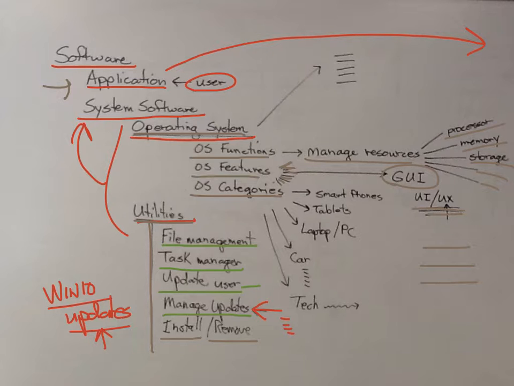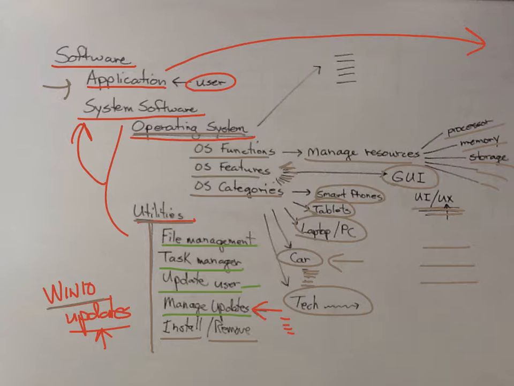Categories, we have these operating systems on smartphones, tablets, laptops, and PCs. Your car, all types of technology. So we were just talking about there's all kinds of categories of operating systems. Your car probably doesn't use Windows 10 to function. You use some specific operating system for that particular make, model of car.